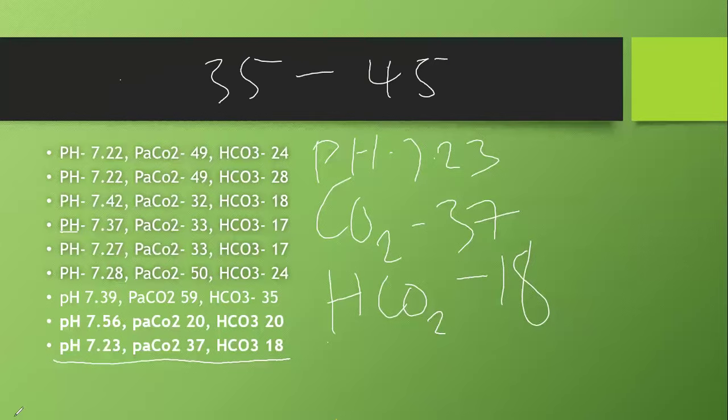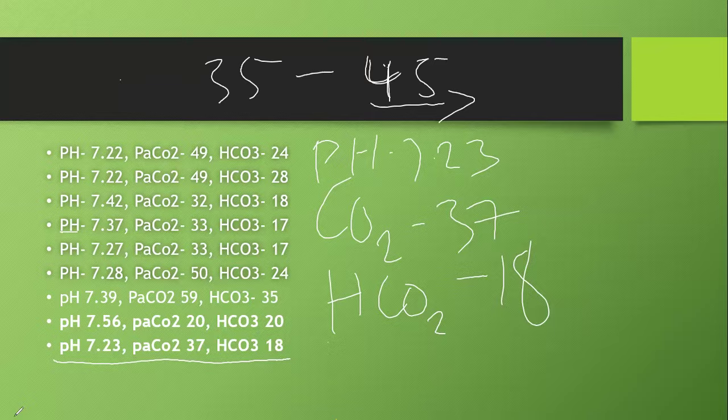So if something is considered as acid and the thing is more than the normal, then it means that you have more of that thing in the system, which means that the system is likely to be acidic. So if you have carbon dioxide more than 45, it is likely that the system is acidic.